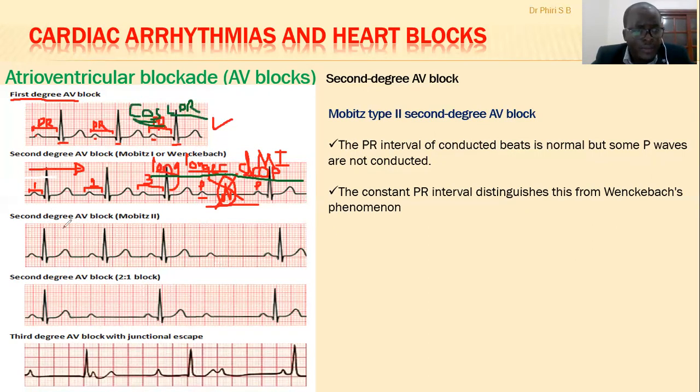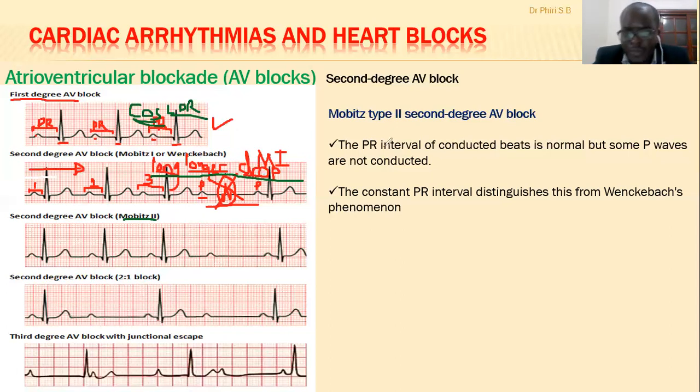Then moving on to the second degree AV block, which is called Mobitz type 2. So now we're moving on to Mobitz type 2. So we are still within the second degree. Second degree means there's a missing QRS complex somewhere. So if you have progressive elongation of PR interval with a drop in QRS complex, then you have type 1 or Mobitz type 1, which is called Wenckebach.